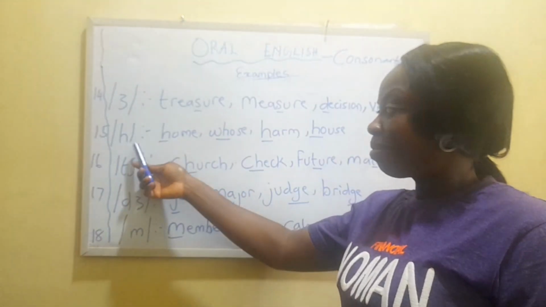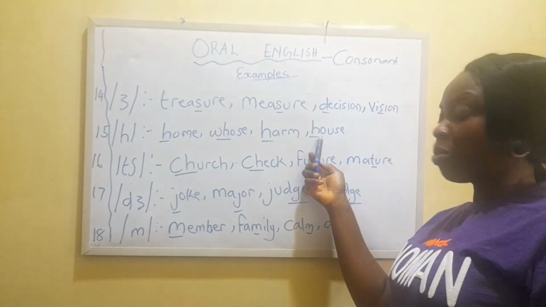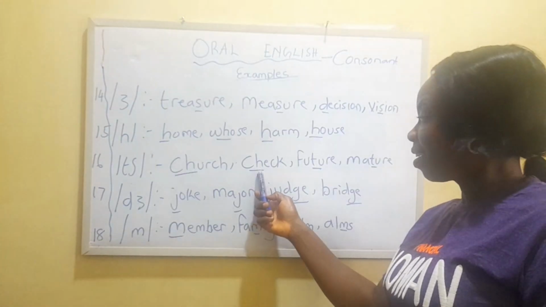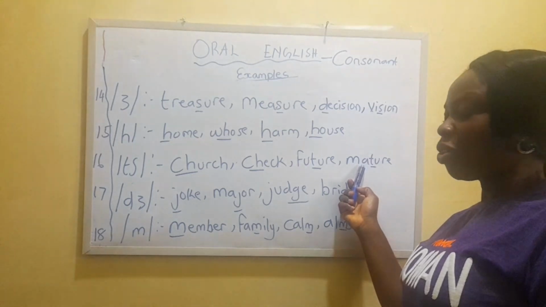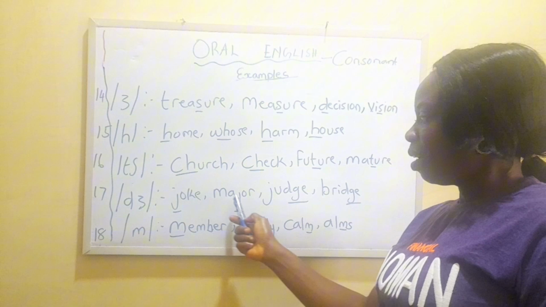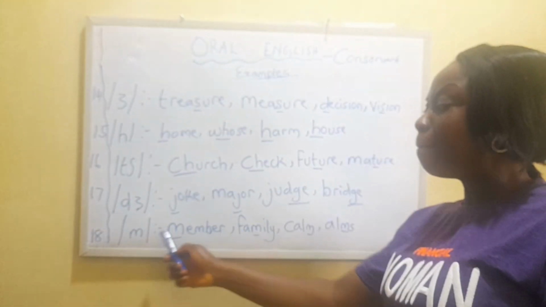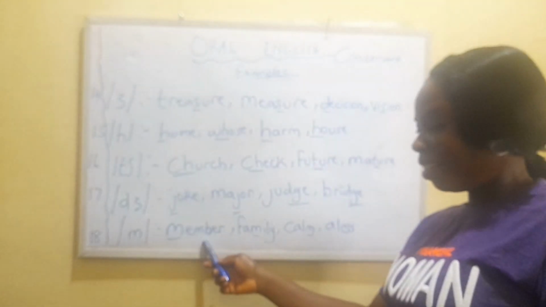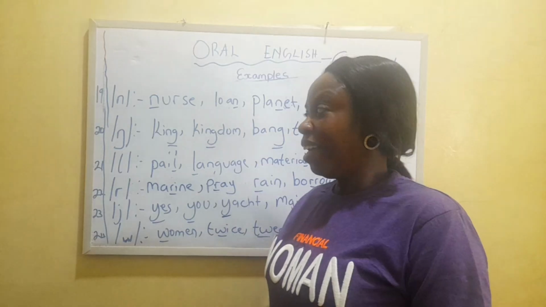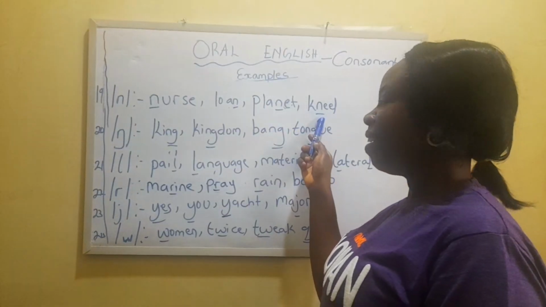We have the h sound: home, whose, house. Church, check, future, mature. Joke, major, judge, bridge. Member, family, calm, arms. Nest, loan, planet, kneel.